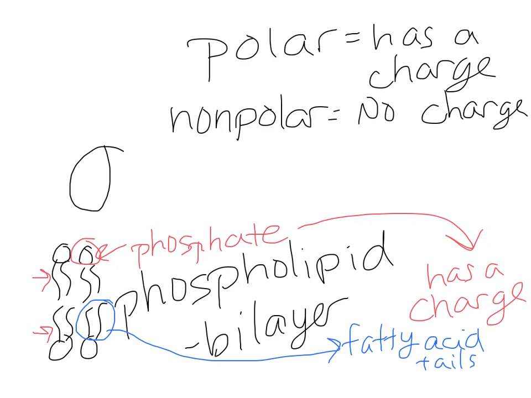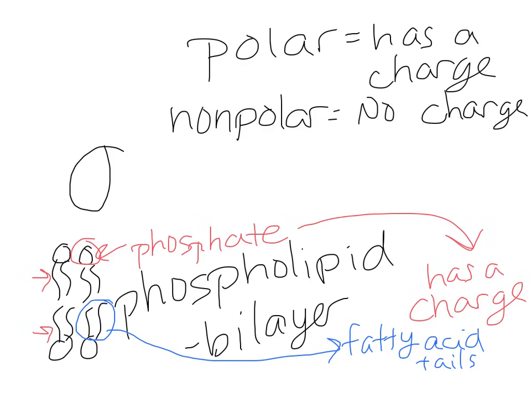And so these phospholipid molecules have both an area that has a charge as well as an area that does not. They have a polar and a non-polar region. And that's really important for its ability to regulate what is allowed to go through there.